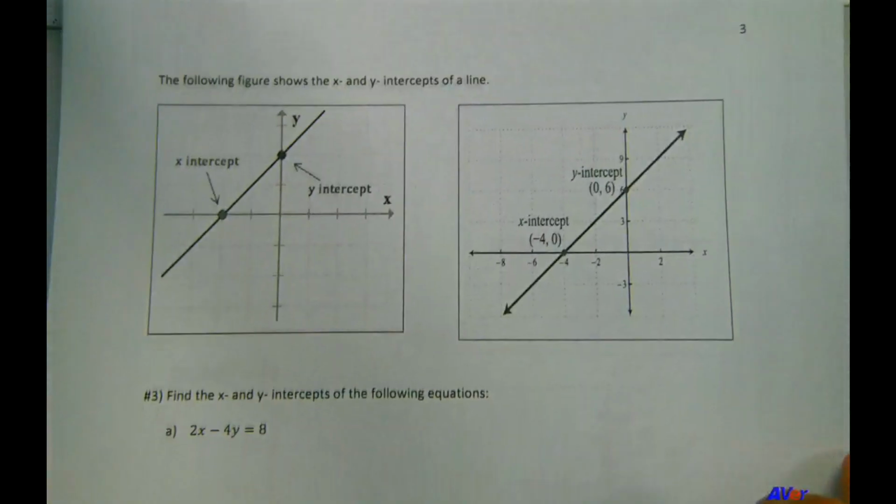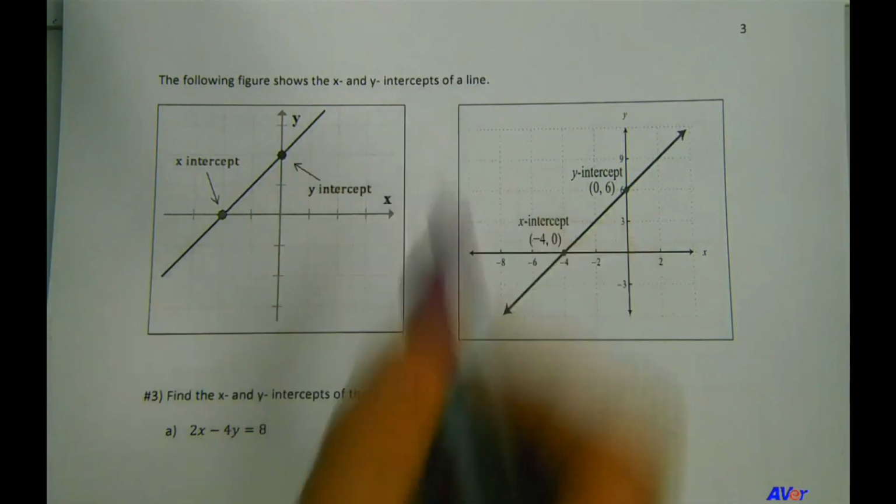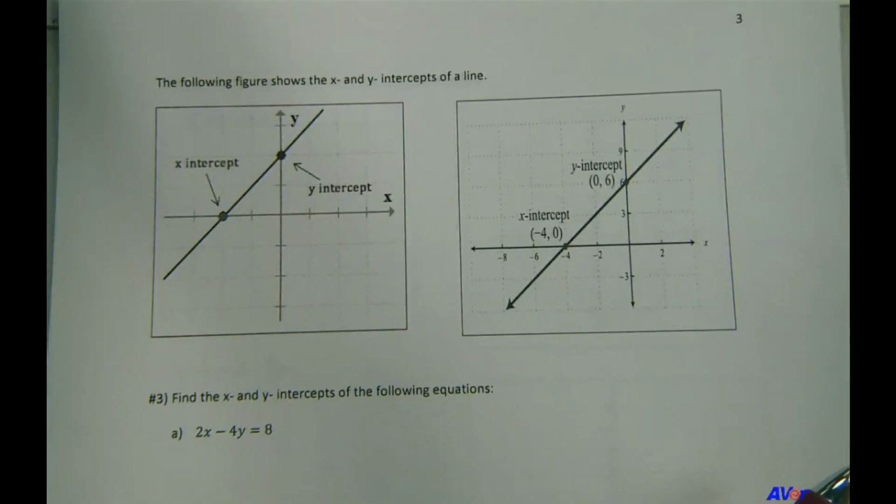So here we have the following figure, which shows the x and y intercepts of a line. The way I've designed these worksheets that we're going through, the blank ones will be posted, and I guess you want me to post the solved solutions too, and that's not a problem.